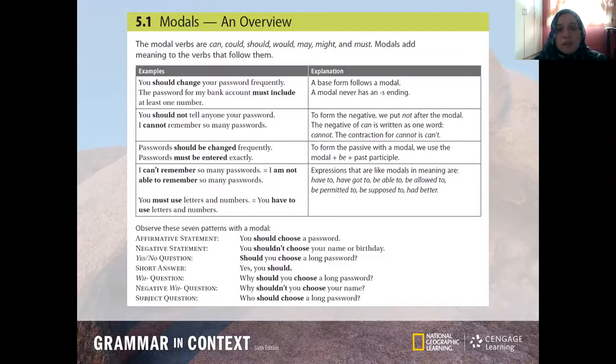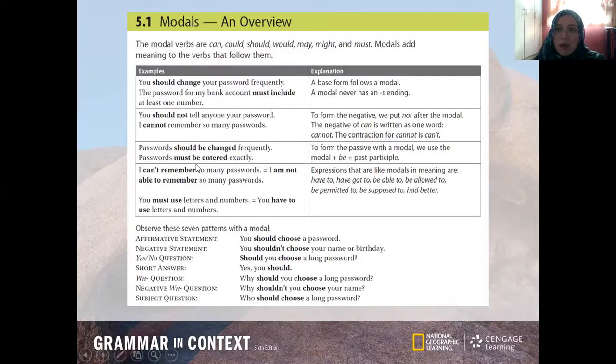But since we are using modal verbs here, remember the rule of modal verbs: the base form will follow the modal. So in this sentence, the verb that follows the modal is the be verb. So that's why it retains be. It doesn't matter what tense it was originally.